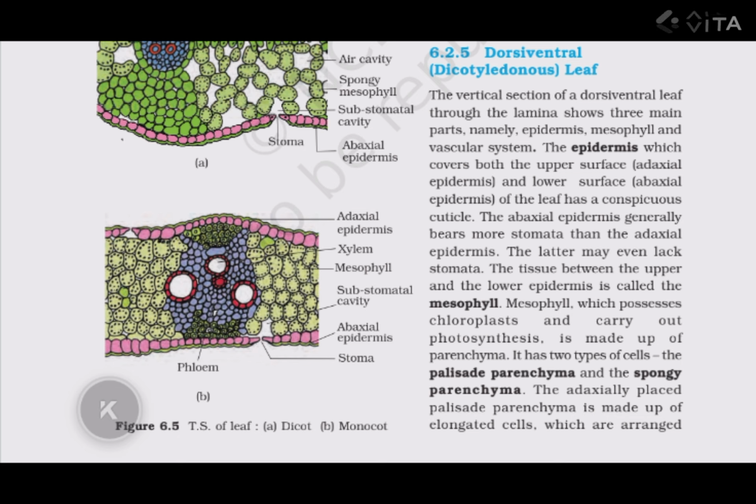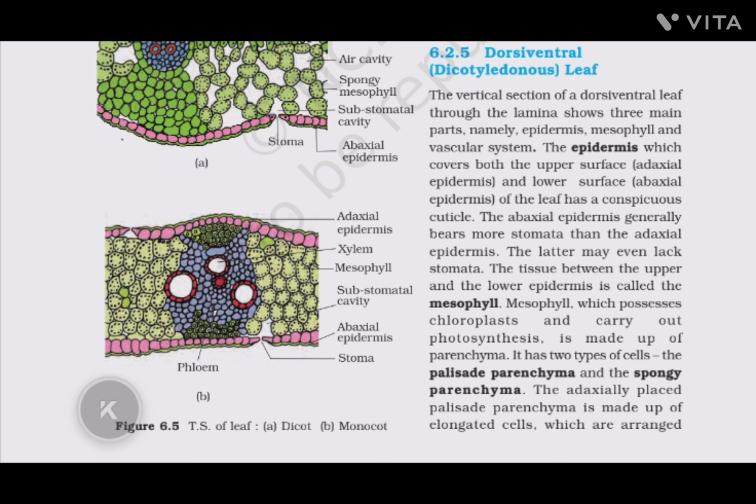The tissue between the upper and the lower epidermis is called the mesophyll. Mesophyll, which possesses chloroplast and carries out photosynthesis, is made up of parenchyma. It has two types of cells, the palisade parenchyma and the spongy parenchyma.